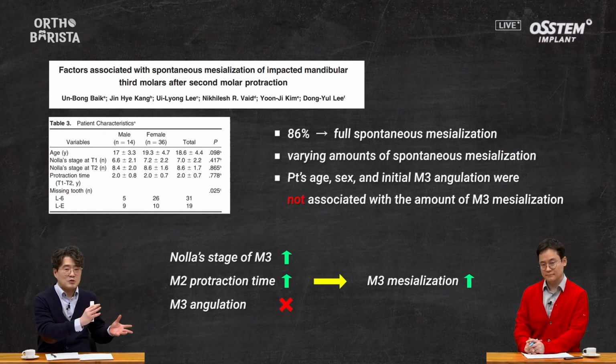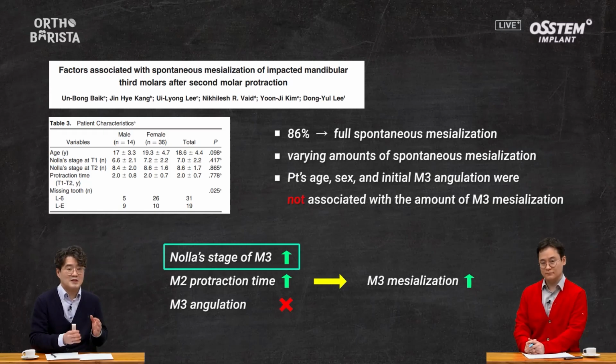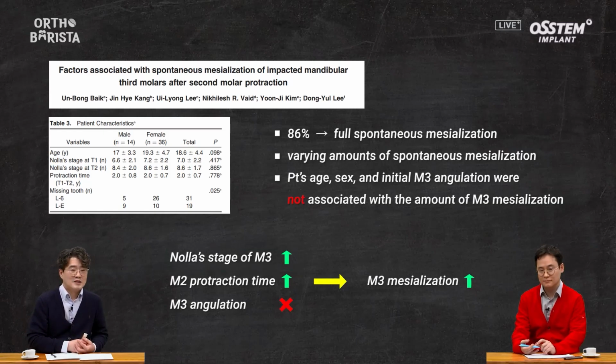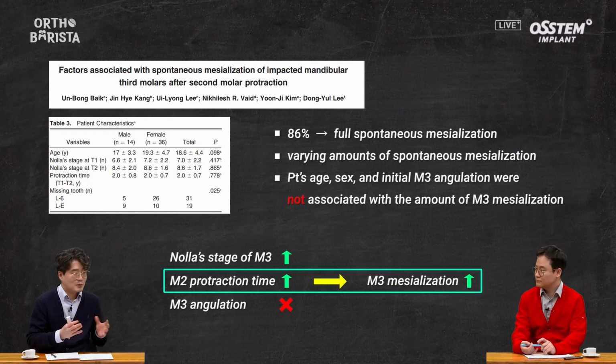However, we observed from earlier cases that factors like the maturity of the wisdom tooth root, based on knowledge stage, play a significant role. The more mature the root, the better the mesialization. When protracting the second molar, a gradual approach, pulling slowly, seems to work better. It is hypothesized that this might be due to the tensile forces on the periodontal ligament.